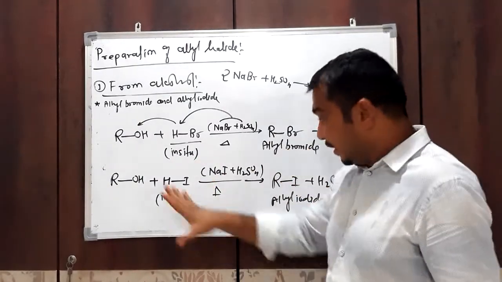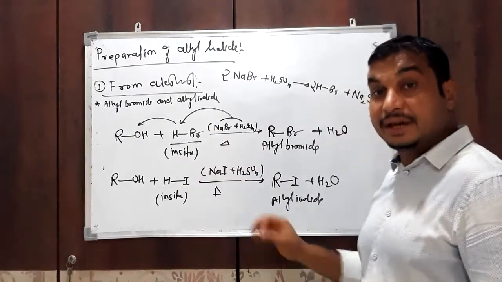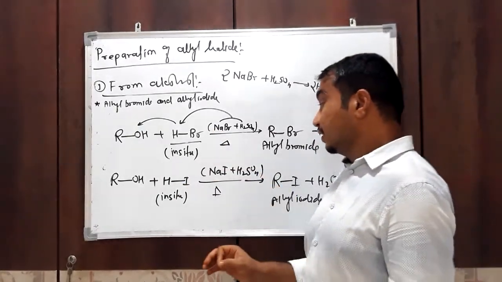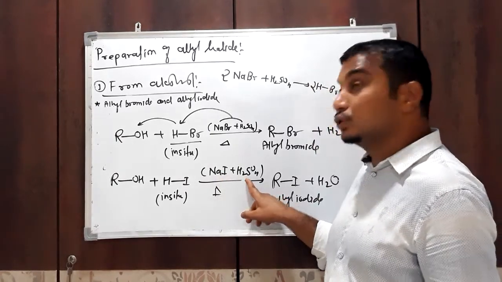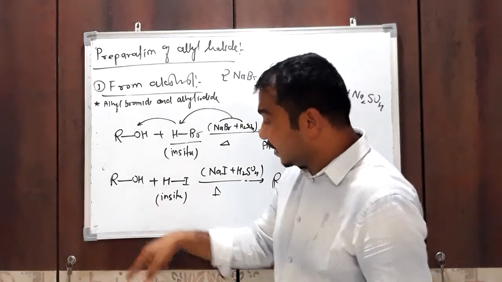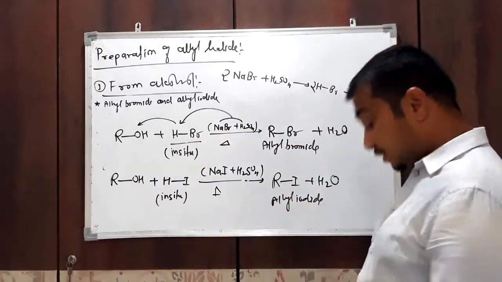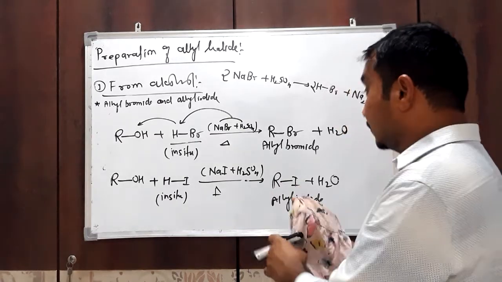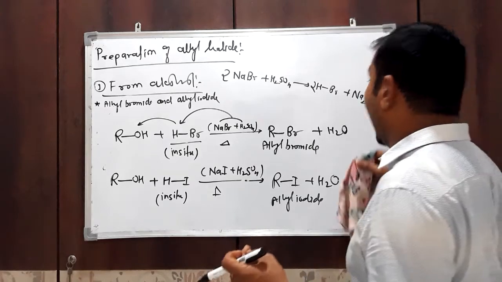Similarly, HI is also not available, so we have to prepare this HI. HI means hydroiodic acid, hydrogen iodide. By reaction between NaI and H2SO4, they will react to produce HI, and then HI reacts with ROH, giving alkyl iodide. So this is the method for the preparation of alkyl chloride, alkyl bromide and alkyl iodide.